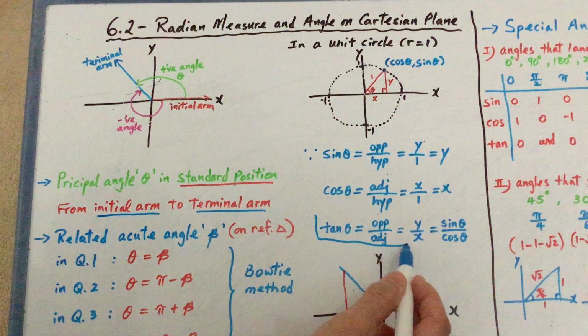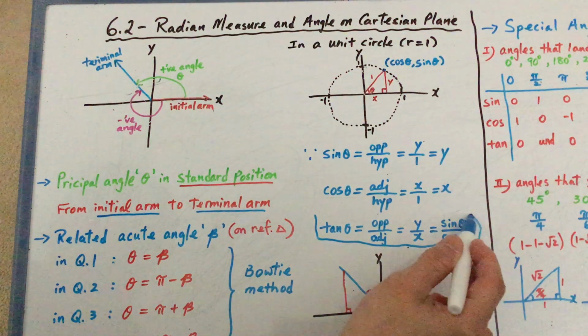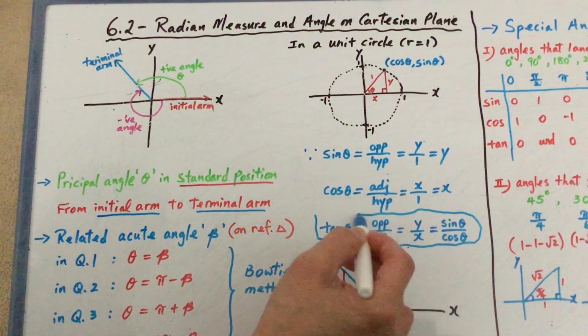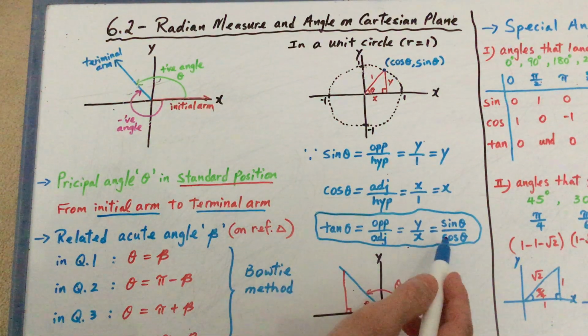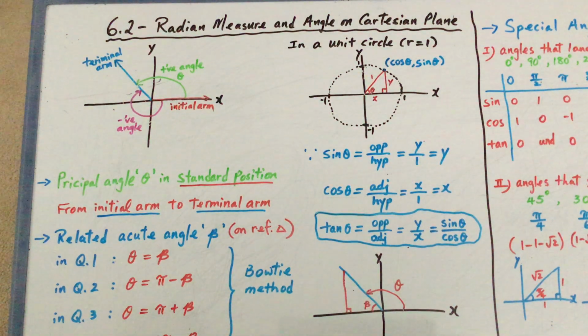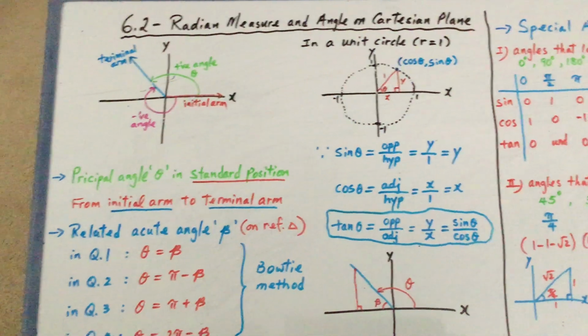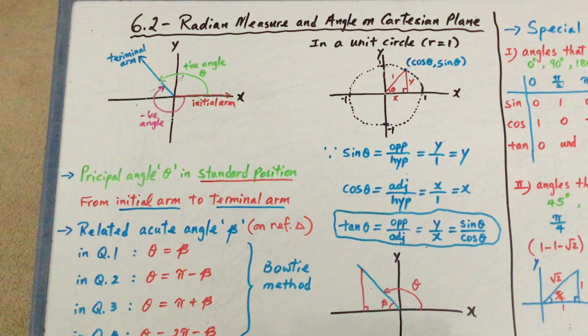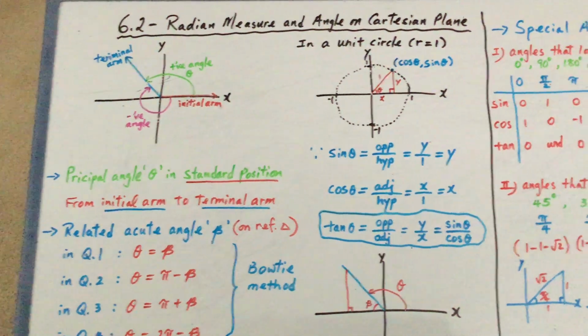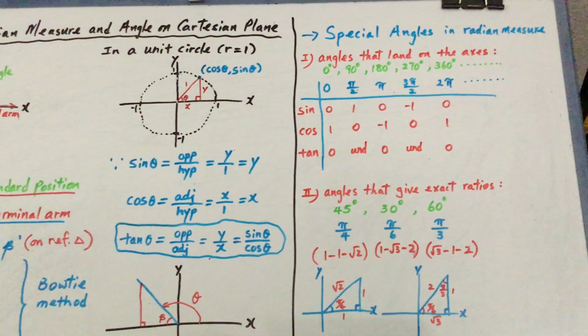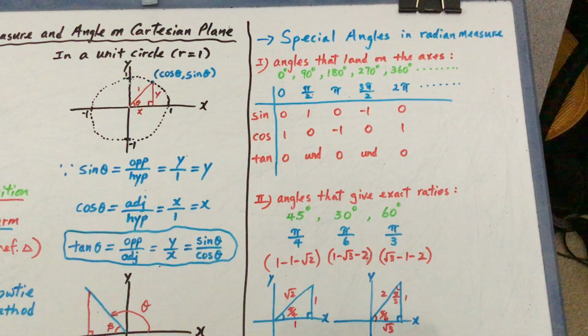So this is where tangent equal to sine over cos is coming from. Those are just some of the proofs that you need to know for the basic concept of angles in standard position.